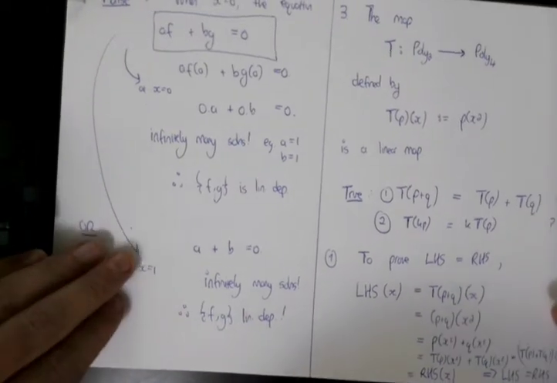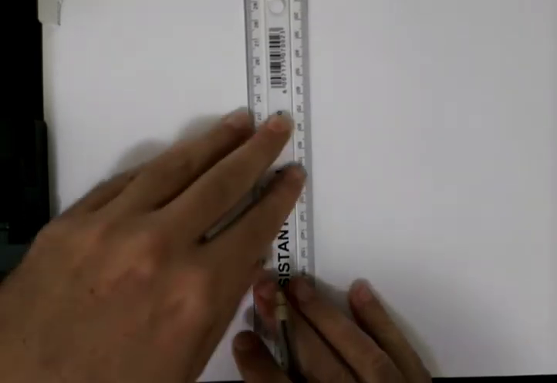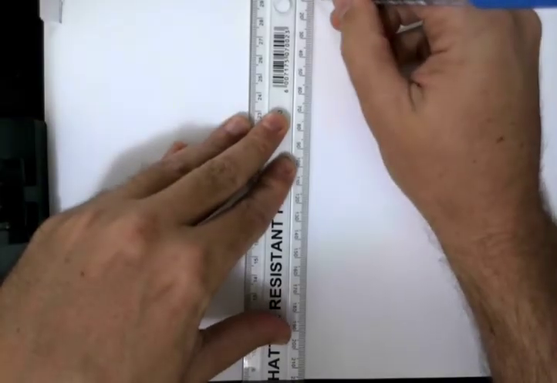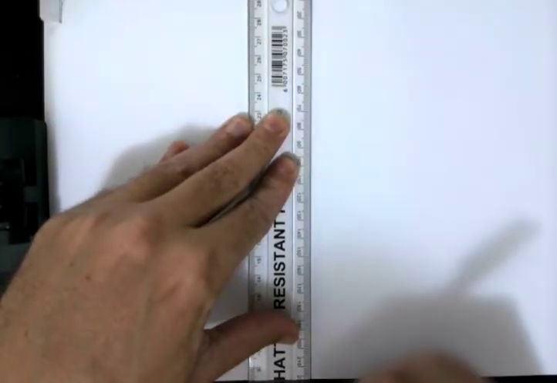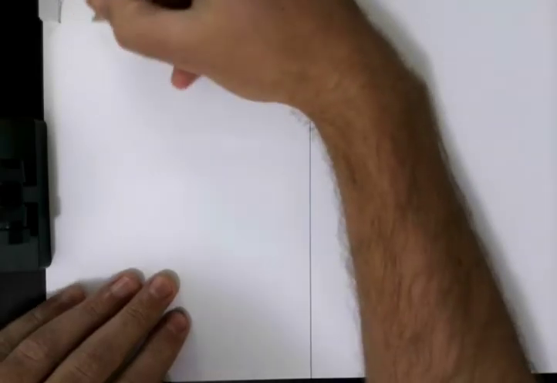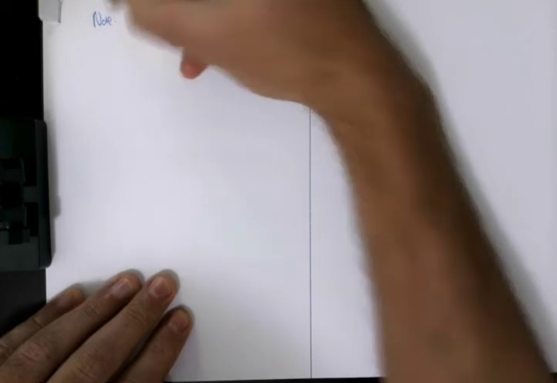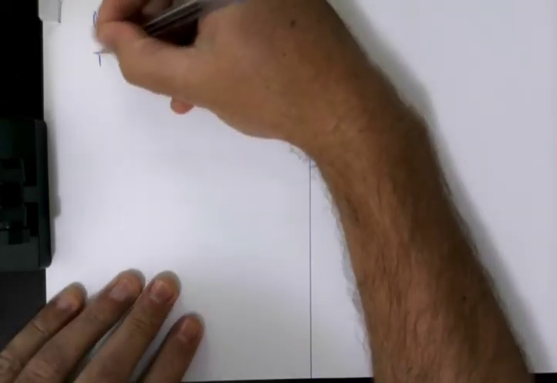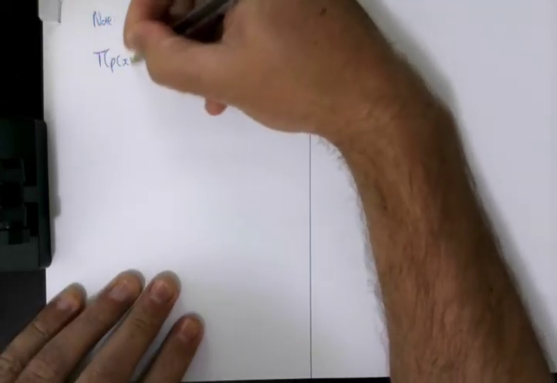Quite a few of you did get that right, but a lot of you do get confused with the difference between numbers and functions and so on. One thing you can't do, at least in this context, is say something like T of p of x.